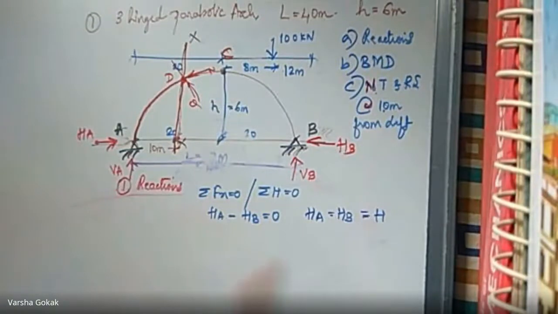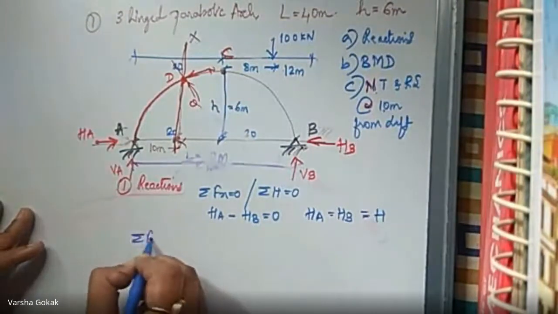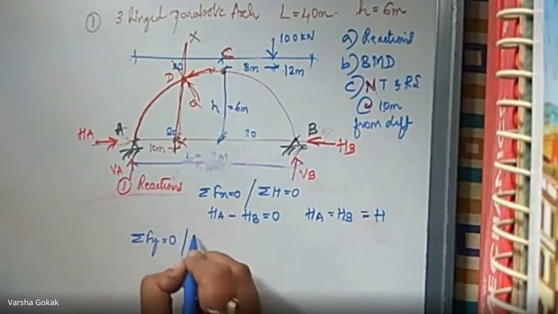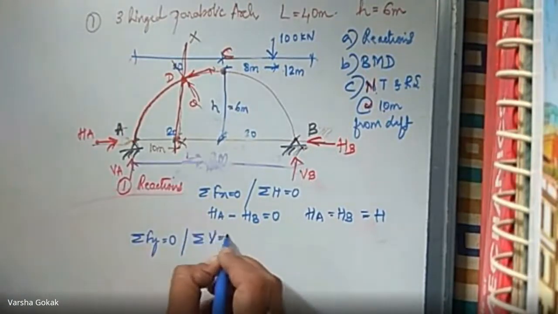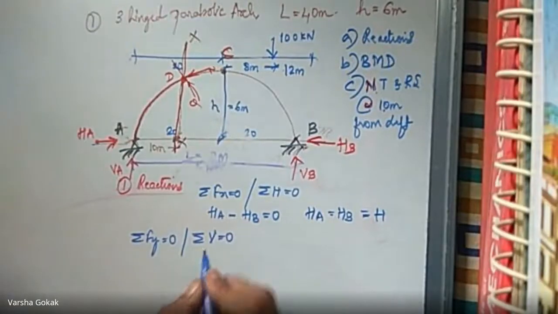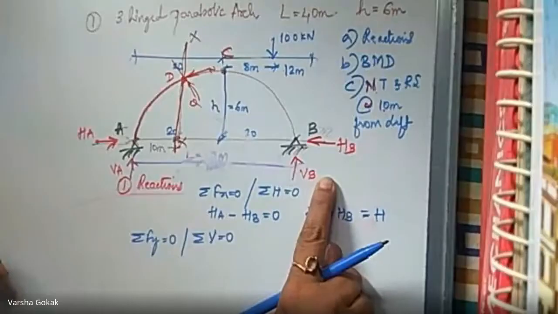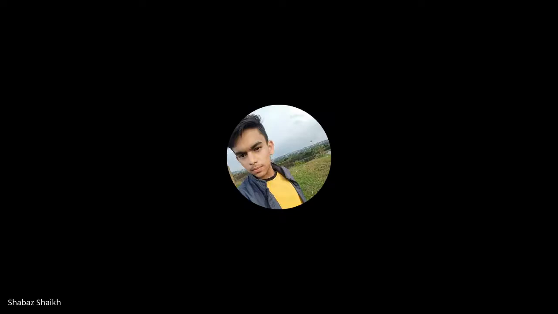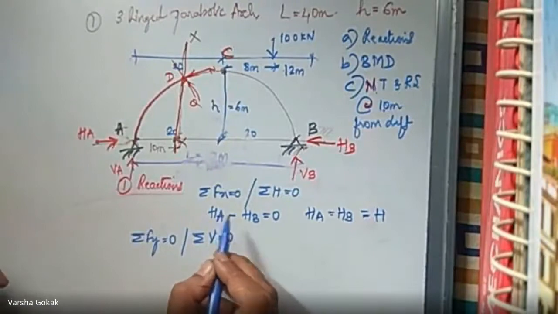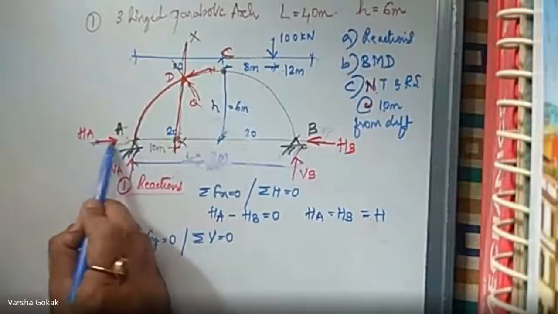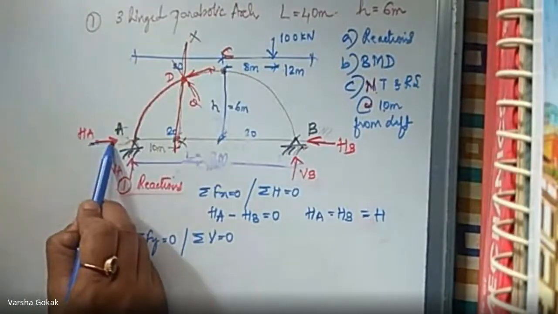So we will find this and keep it. Then we go for the next equation of equilibrium, that is summation Fy equal to 0. Textbooks also write summation V equal to 0, vertical forces. How is HA equal to HB? This HA is positive, going towards the right.